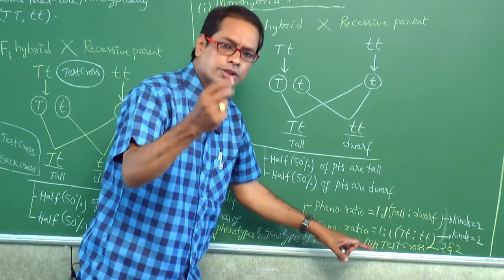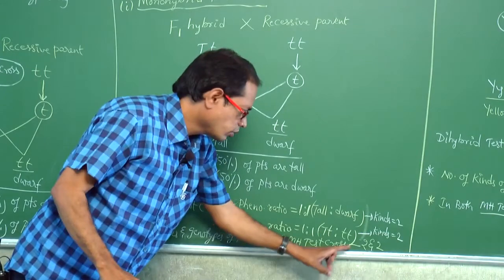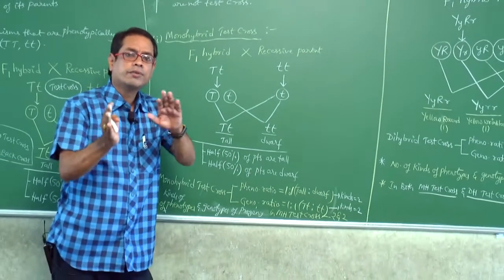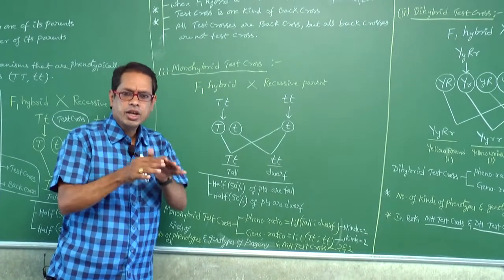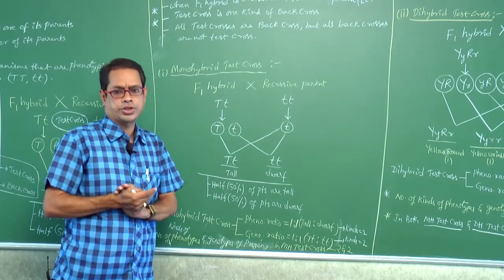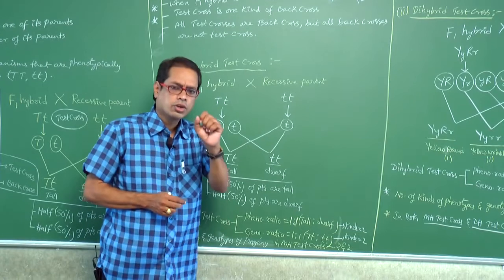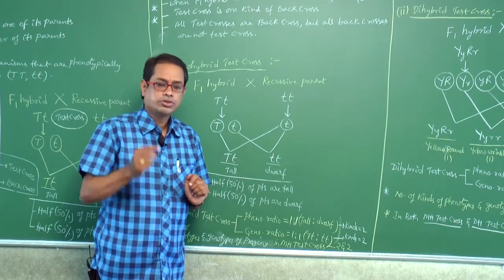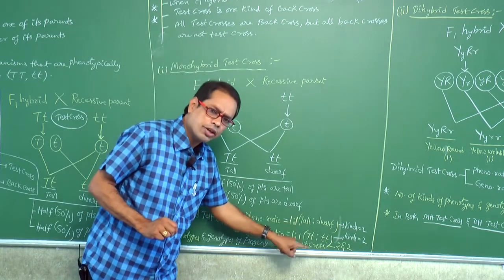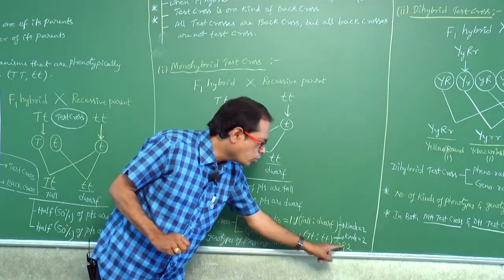Kinds of phenotypes 2. Kinds of genotypes 2. So 2 and 2. Phenotypes means we have to take phenotypic ratio. Kinds of genotypes means we have to take genotypic ratio. What is the phenotypic ratio in monohybrid test cross? 1:1. Genotypic ratio also 1:1. Kinds of phenotypes and genotypes of progeny in monohybrid test cross is 2 and 2.